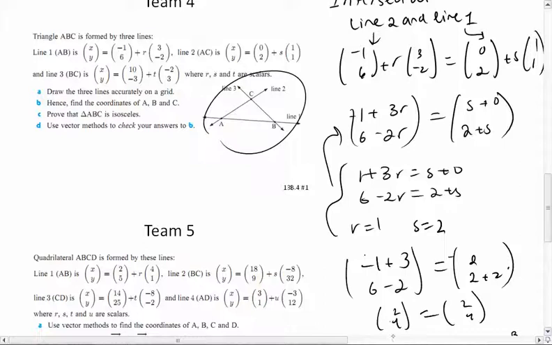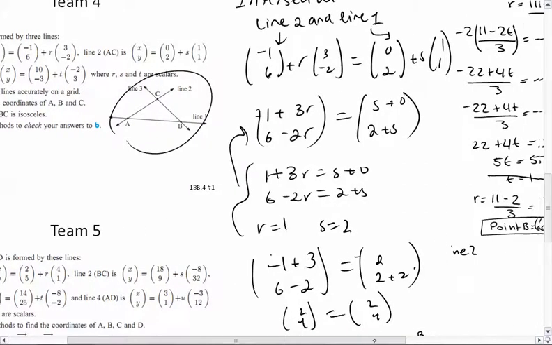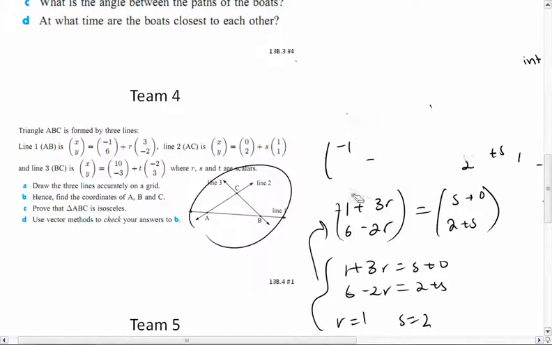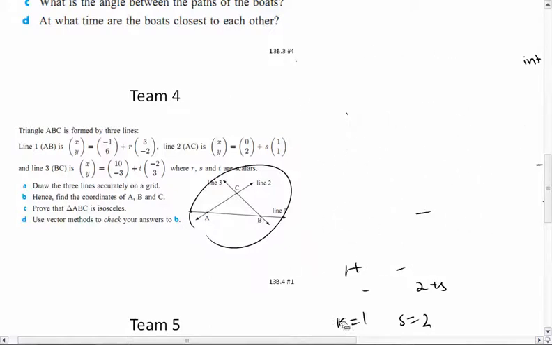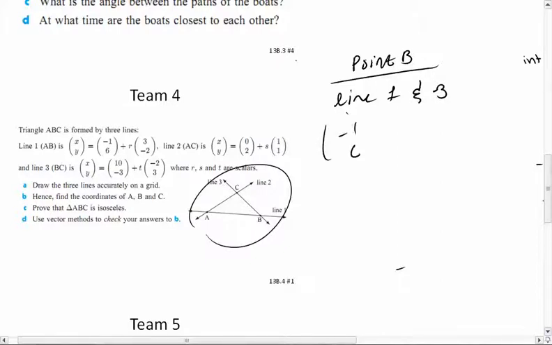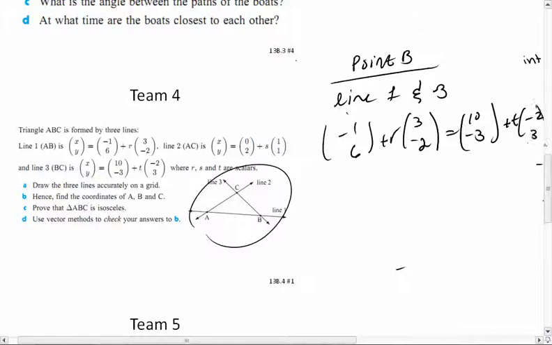This proves it. We do the same process for point B. We know that they intersect at line 1 and 3. We set the two lines equal to each other. Minus 1, 6 plus... we do minus 1 plus 3R.